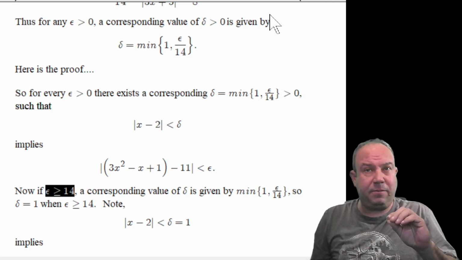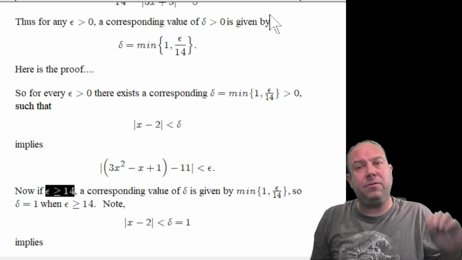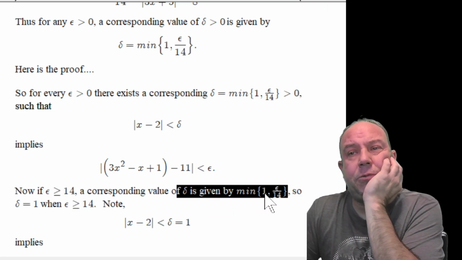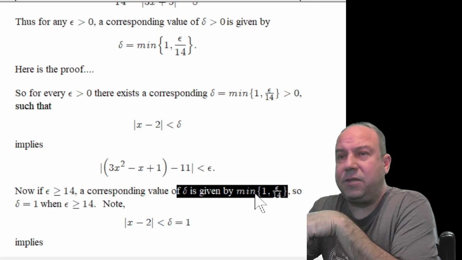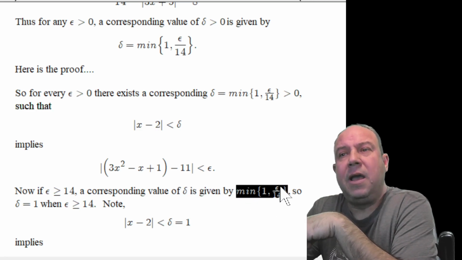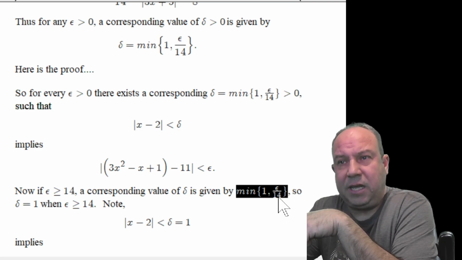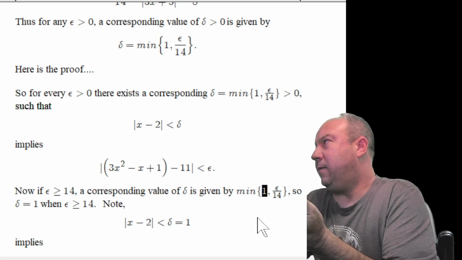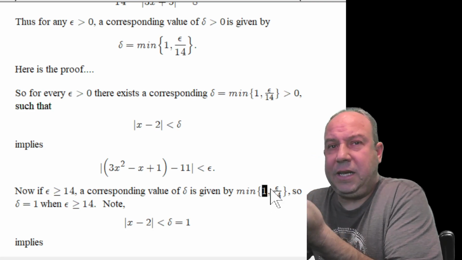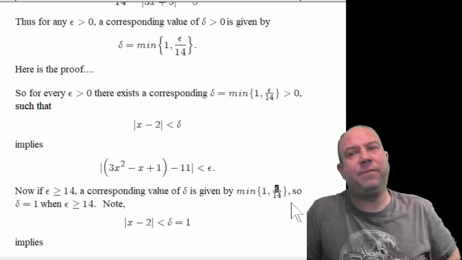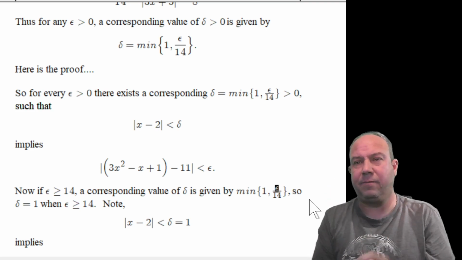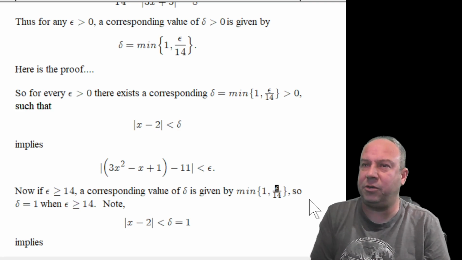So if we're given an epsilon that is greater than or equal to 14, what we're going to choose is the value of delta given by the minimum of 1 or epsilon divided by 14. Now, if epsilon is greater than or equal to 14, the choice is going to always be the value of 1. If epsilon is 14, 14 divided by 14 is 1 in value. So it's going to be a choice between 1 and 1, and it'll be 1, regardless of really what we choose in that case.